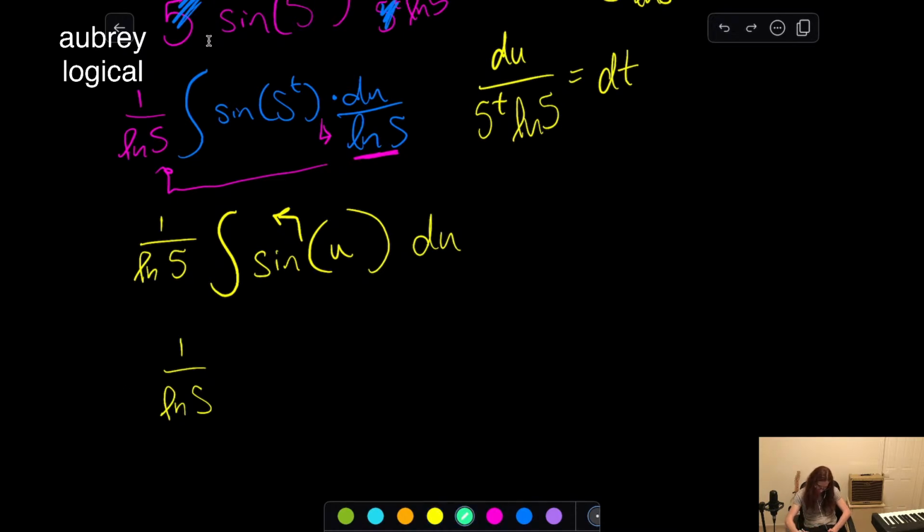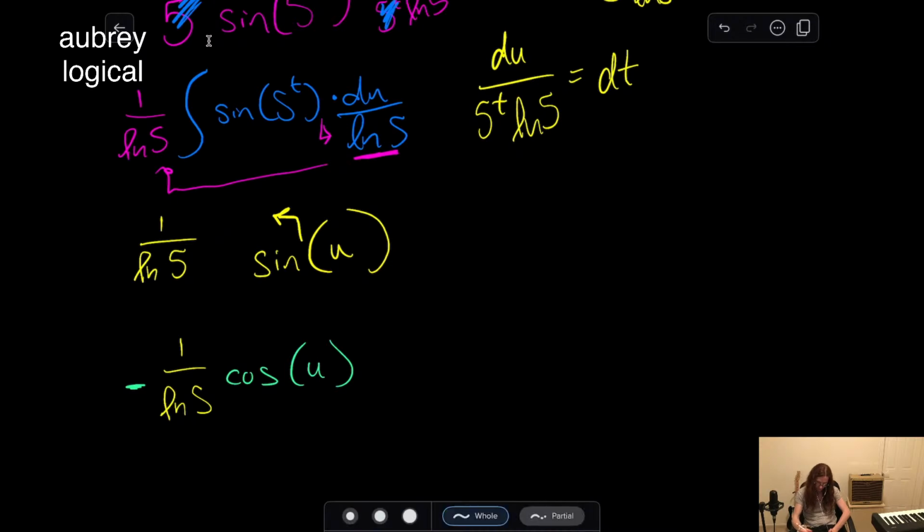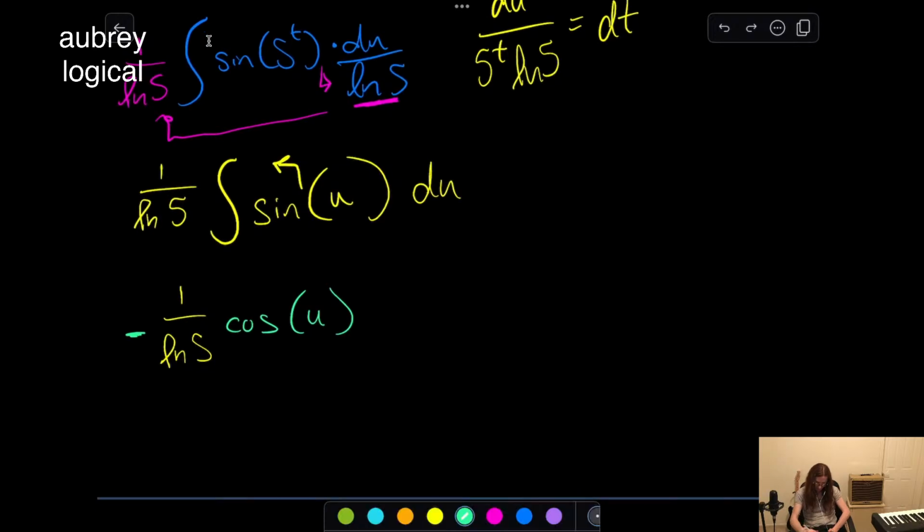We don't write the du anymore because we have done the integral. So now we can also go ahead and write our plus c, and this just stands for a constant number that we don't know, because when you take the derivative of a constant number, it just becomes 0.